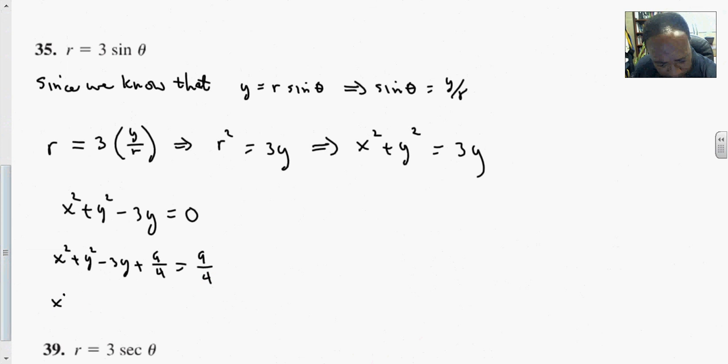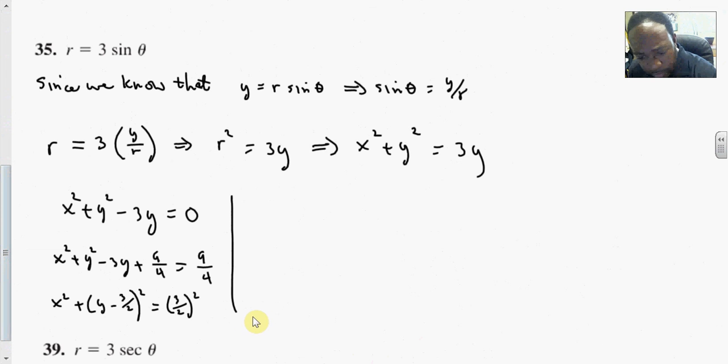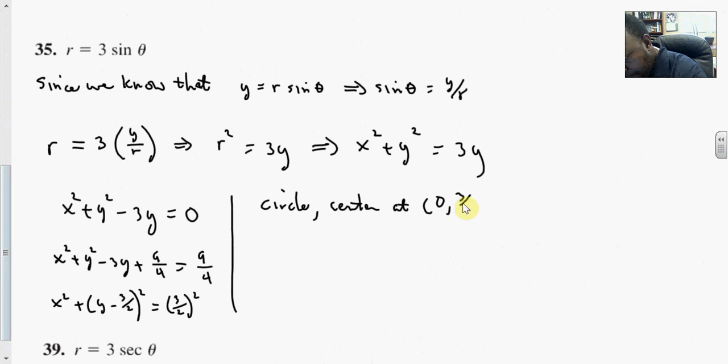So this is x squared plus y minus 3 halves squared is equal to 3 halves squared. This is a circle with the center at 0 comma 3 halves with the radius 3 halves.